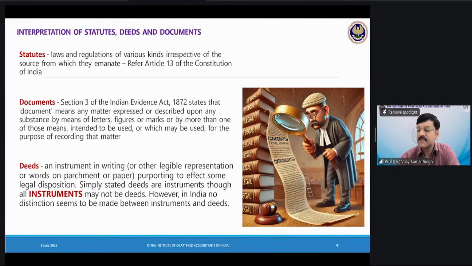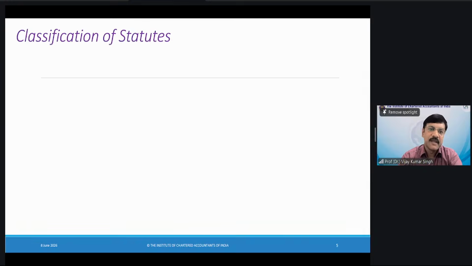Most of the time, these are lawyers to whom these matters go, because if there is confusion between two people about the interpretation of any of these documents, a dispute arises. A dispute is nothing but a conflict on a position, and then you require a third party to adjudicate upon it, or you settle amongst yourselves. This is how the law works.